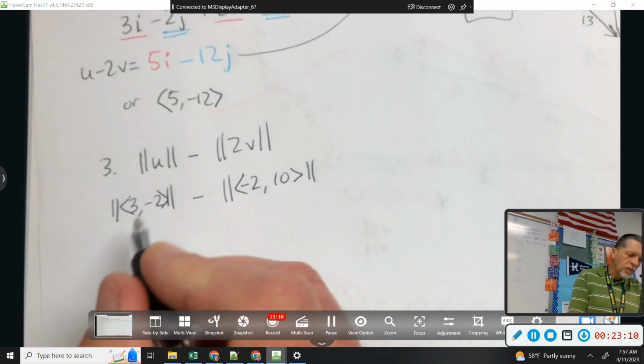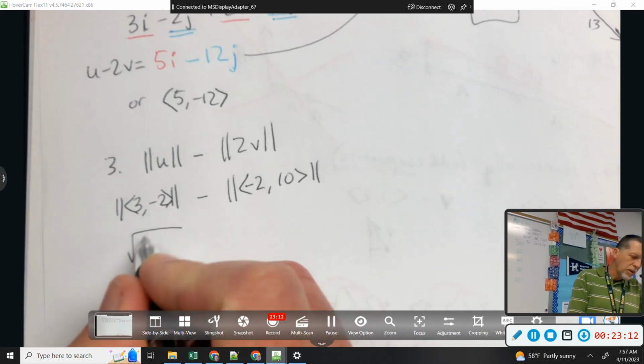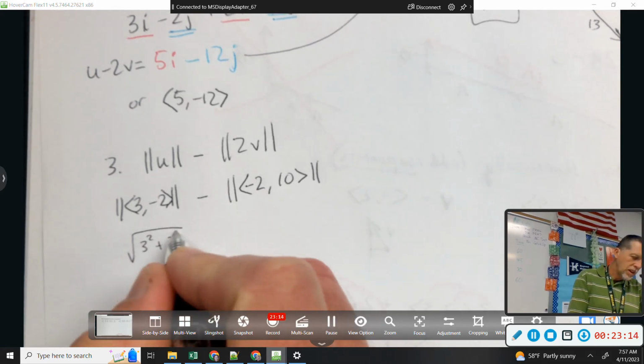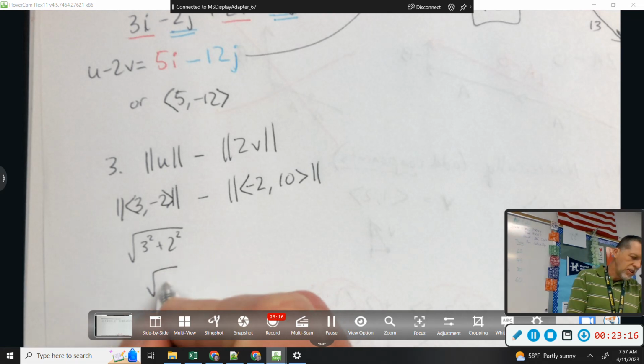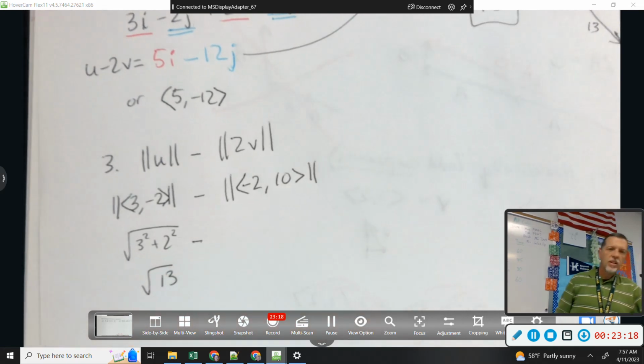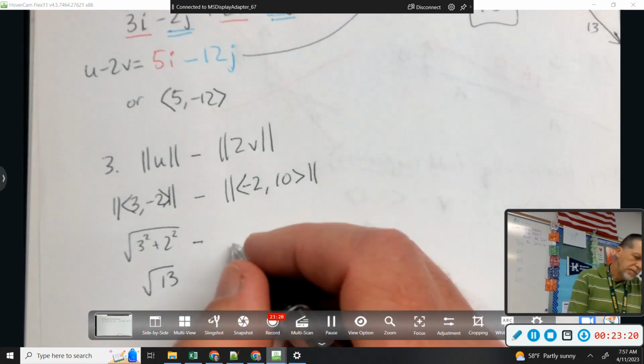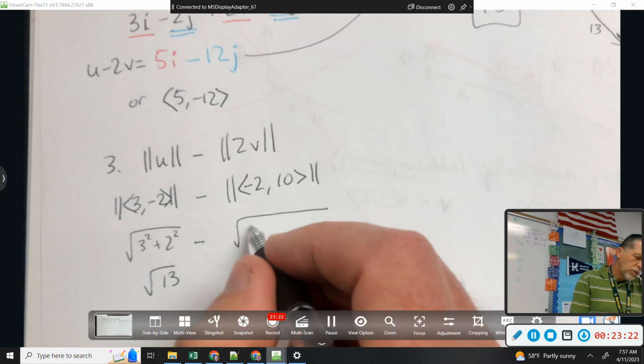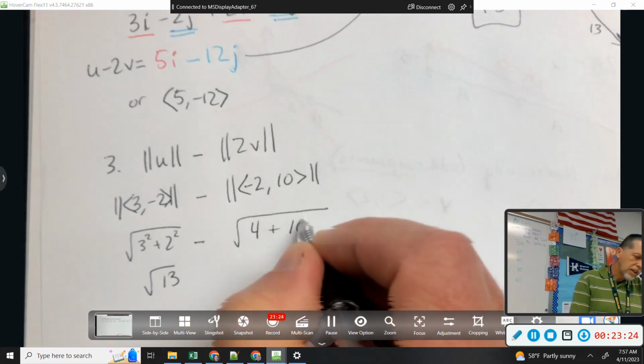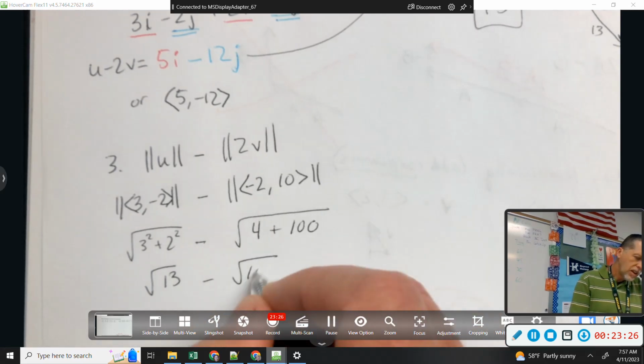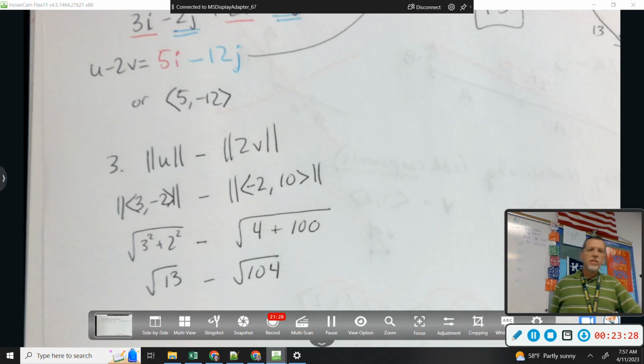So, again, you draw the picture if you like, but 3 squared plus 2 squared is 13. And then 2 squared is 4, plus 10 squared is 100. So square root of 13 minus square root of 4. I don't think that's 13. I don't know what that is, but not 13 is a safe bet.